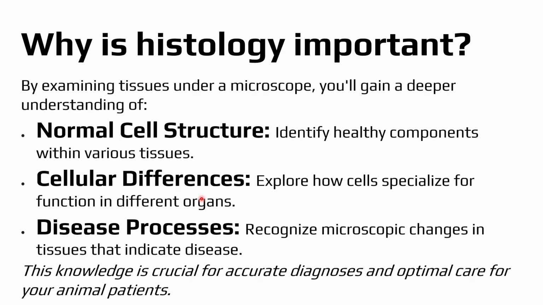If we understand how it should look, we will know if there's something wrong with it, and then we can recognize if there's an ongoing disease process which may or may not be readily seen grossly.